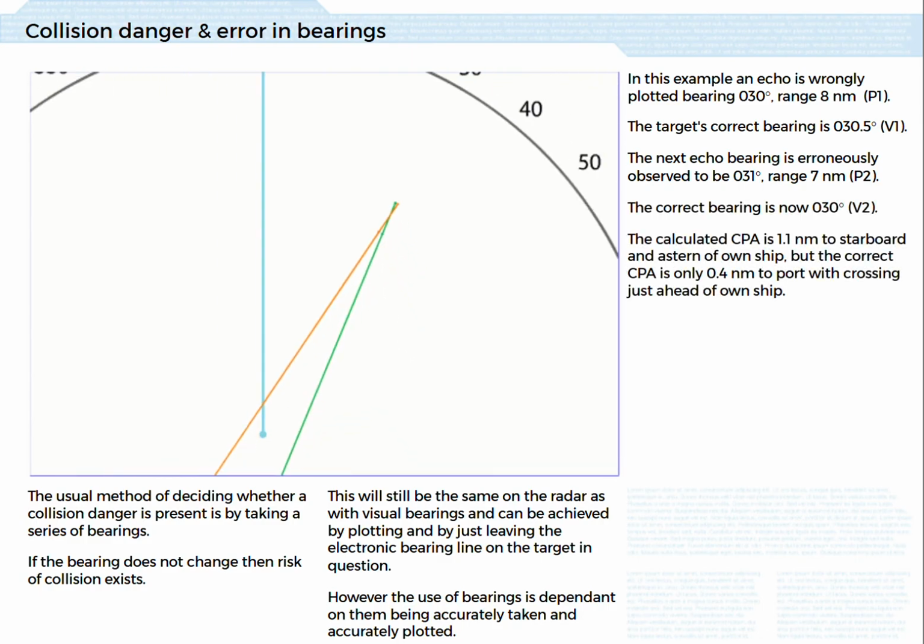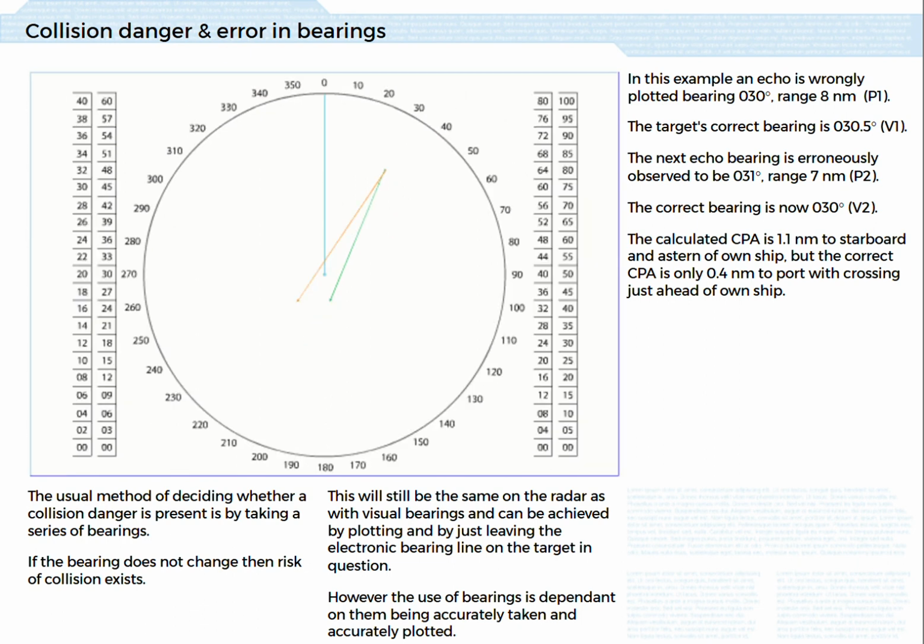The calculated CPA is 1.1 nautical miles to starboard and astern of own ship, but the correct CPA is only 0.4 nautical miles to port, with crossing just ahead of own ship. If this situation is allowed to develop, a very dangerous situation may soon occur.